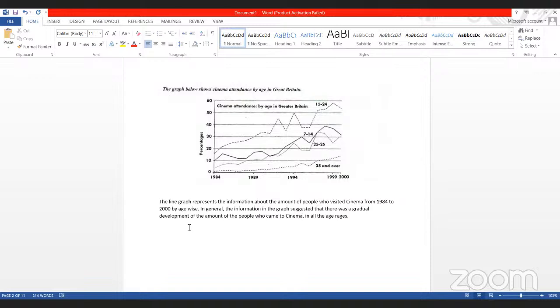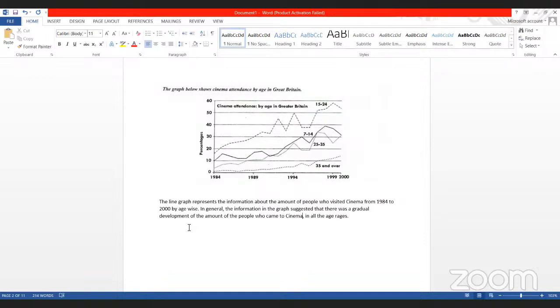So the line graph represents the information. Obviously it's in present, so you need to write that sentence in present tense. The line graph represents the information about the amount of people who visited cinema from 1984 to 2000 by age wise.